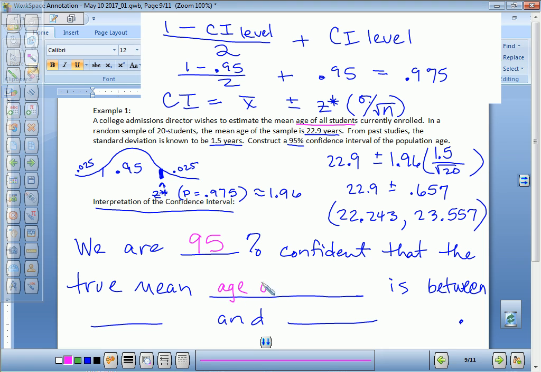The true mean age of all students is between our lower bound, which is 22.243, and our upper bound, which is 23.557. And what is our unit for these ages? Years of age. Yep. So these are just fill in the blank.